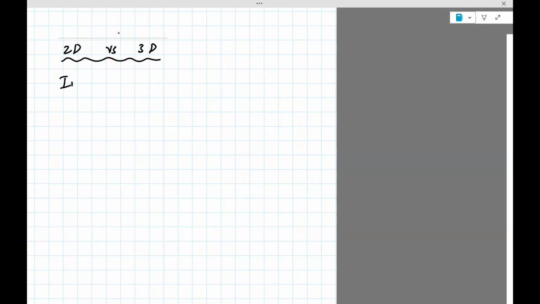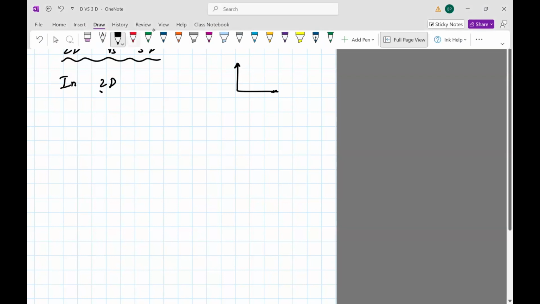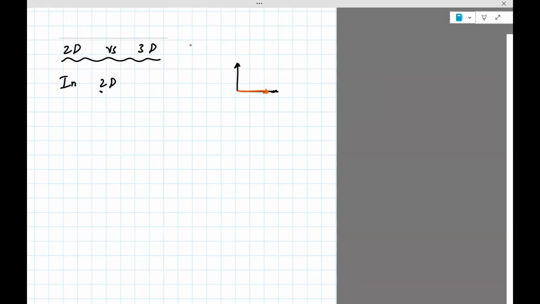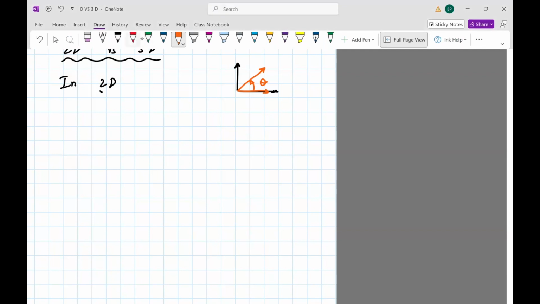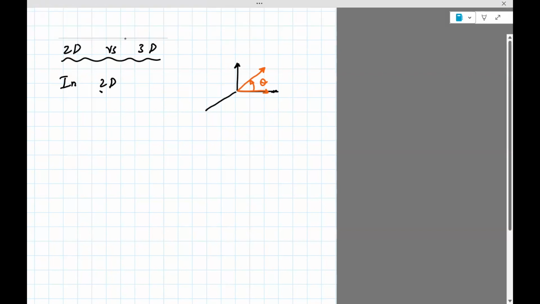So in 2D, say we have a line segment like this, it rotates, or a body or the axis of that, it rotates by an angle theta, then this rotation is clearly about the z-axis, right?